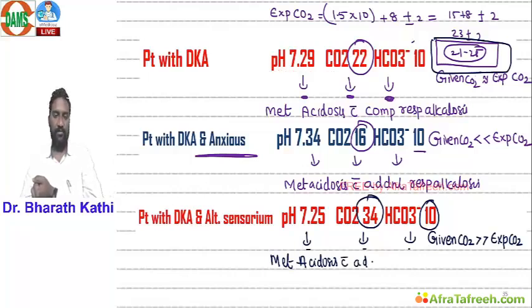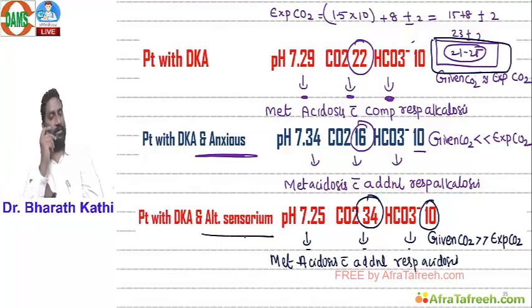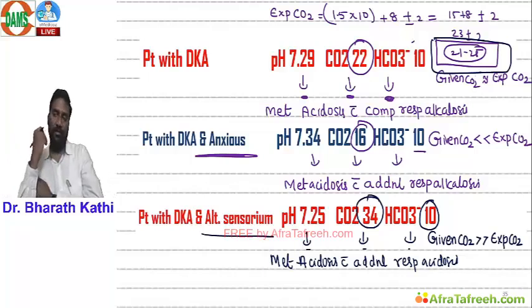Anywhere extra CO2 is additional respiratory acidosis. What might be the reason? Patient is in altered sensorium. Because of diabetic ketoacidotic coma, there might be some respiratory depression resulting.